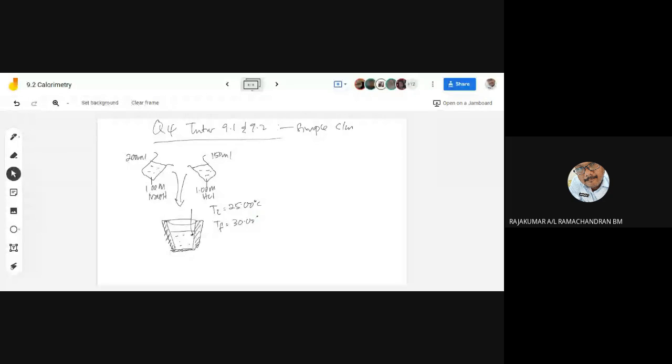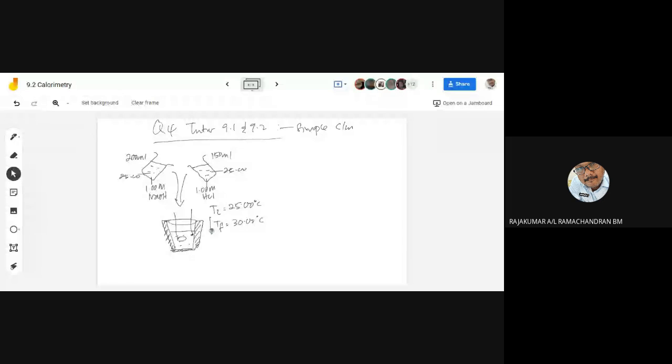Okay, degree Celsius lah. And empty calorimeter pun tanpa air, temperature dia 25 degrees Celsius. After you mix both, you stir them and then you place a thermometer and record the temperature. The final reading shows 30 degrees Celsius. Okay, peningkatan suhu yang ditunjukkan adalah 30 darjah Celsius selepas dicampurkan dan dikacau lah.